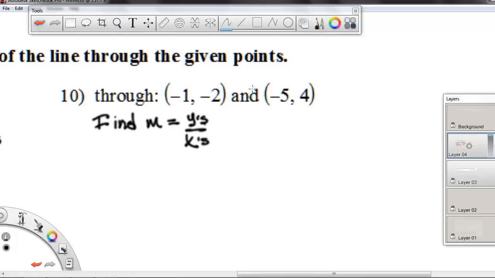So remember, our slope is the y's over the x's. The first point is (-1, -2). The second point is (-5, 4).